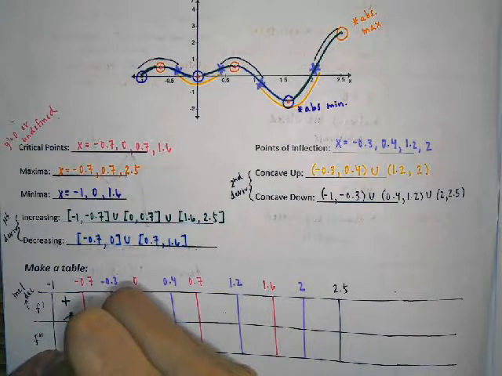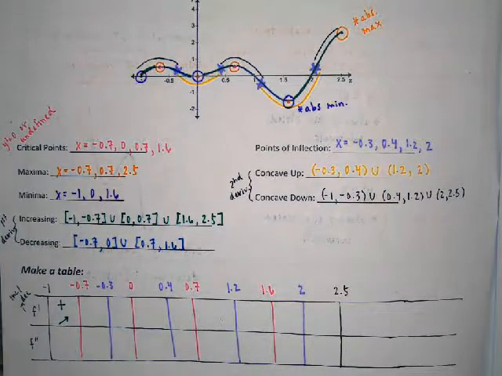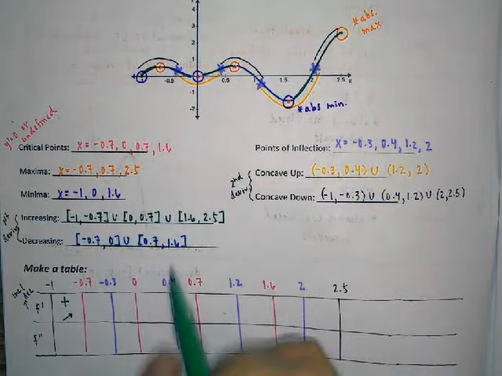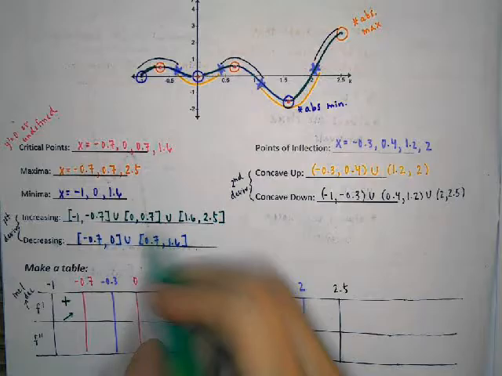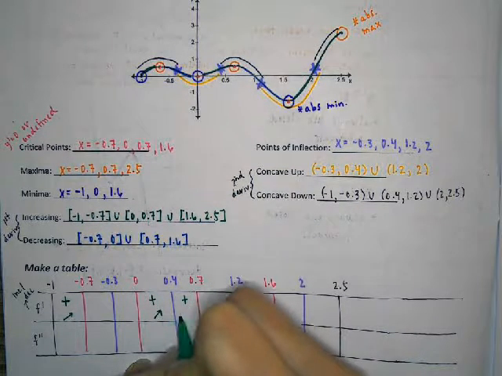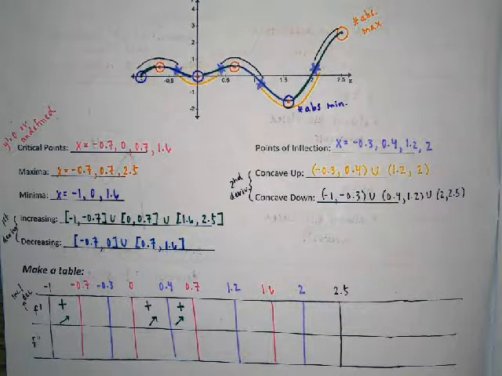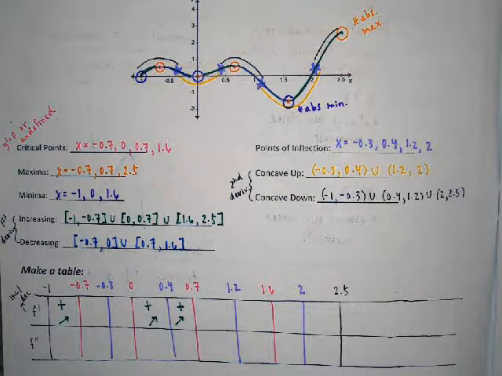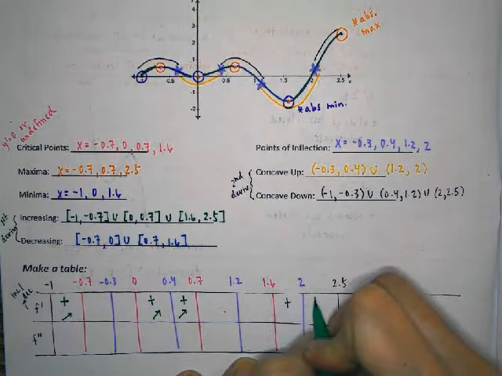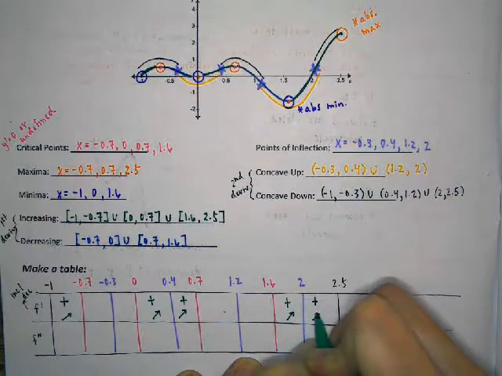I have a positive slope and I'm increasing. So that's how I'm going to record it in my table. My next interval was from 0 to 0.7. So I was increasing over those intervals. And then 1.6 to 2.5 is also intervals of increase.